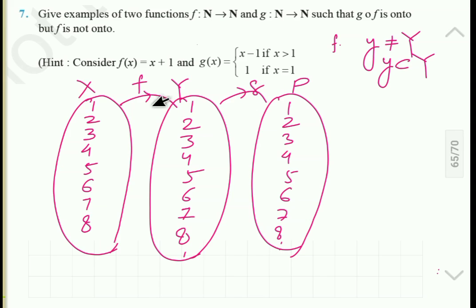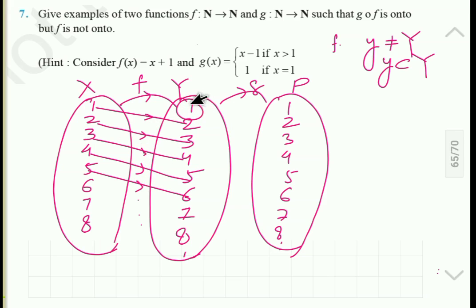Let us see the f function first. f(x) is equal to x plus 1. If x is 1, y is 2. If x is 2, y is 3. If x is 3, y is 4, and so on. We can see that every element other than 1 is having its preimage defined in the domain, except for this one, which is part of the codomain.